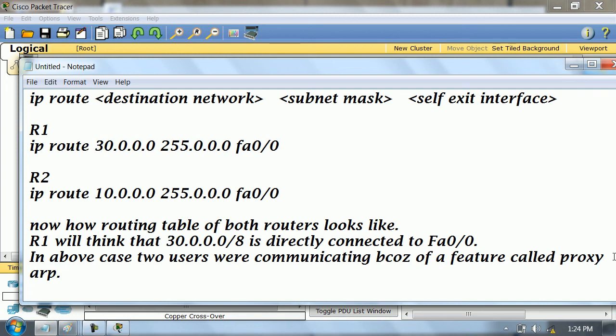In above case, two users were communicating because of a feature called proxy ARP. Try to read it. Tomorrow we will discuss what it is. But for now, I will disable proxy ARP on all the interfaces. Why am I disabling it? If it is enabled, computers will communicate. Fine? But by default, if proxy ARP is disabled, they will never communicate. Fine?